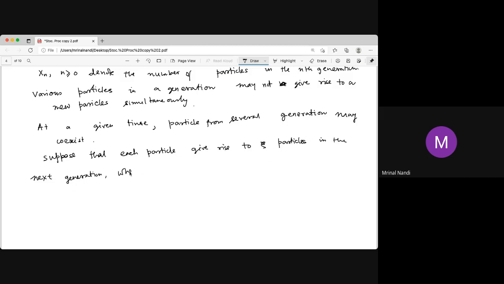The xi is a non-negative integer-valued random variable; it cannot be negative, there cannot be -1 children.